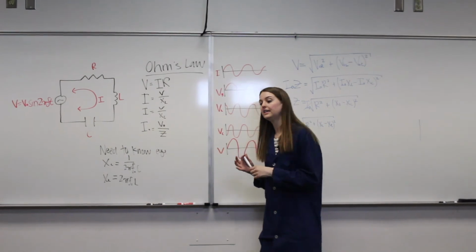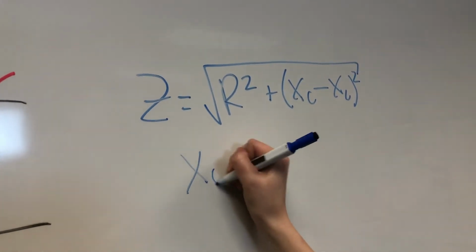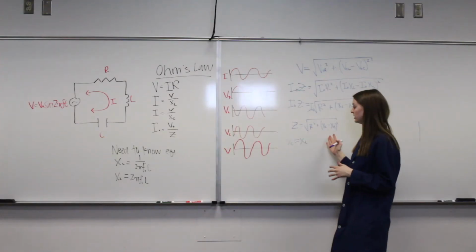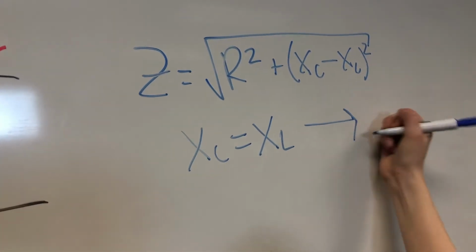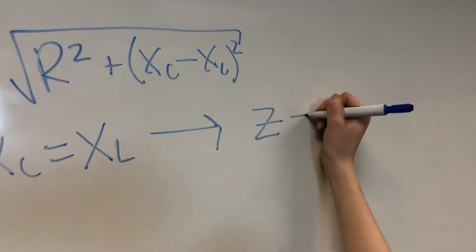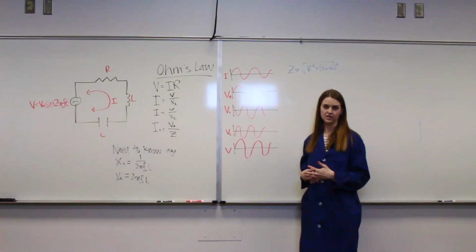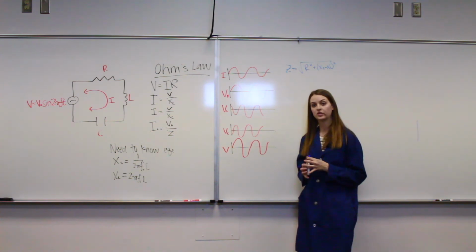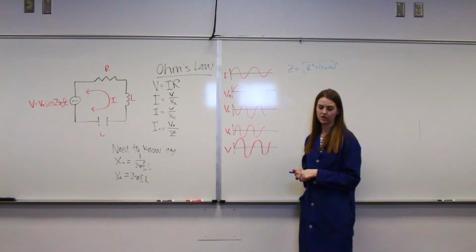And that will look like, mathematically, XC is equal to XL. If we put that into our equation, we'll find that Z would therefore be equal to R. We know that since XC equals XL, the impedance is equal to the value of the resistor.